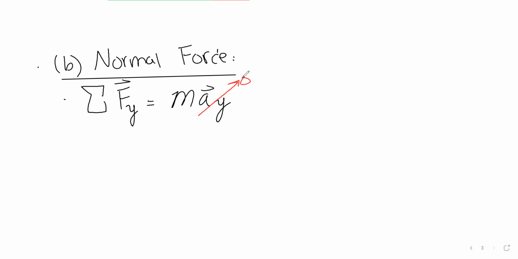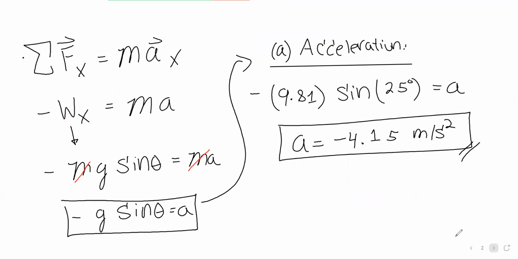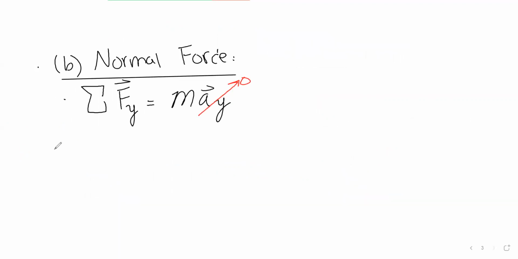So the acceleration is 0. All forces acting vertically, well, that would be a normal force in green and the Wy. So we have a normal force acting up, Wy down. So notice that if you add Wy to both sides, we see that normal force is equal in magnitude to Wy.